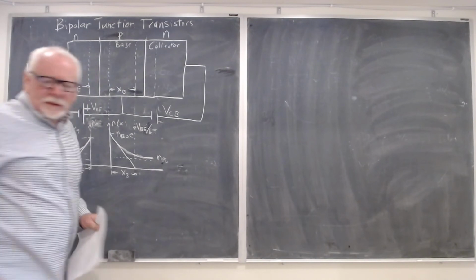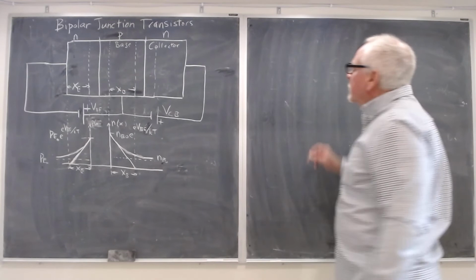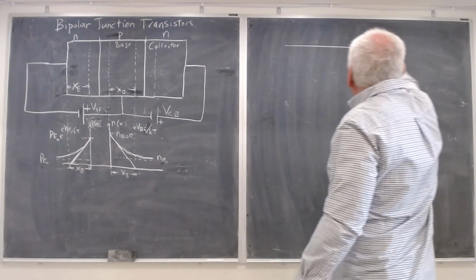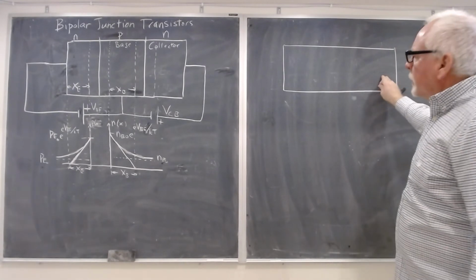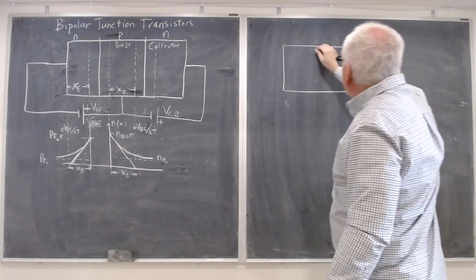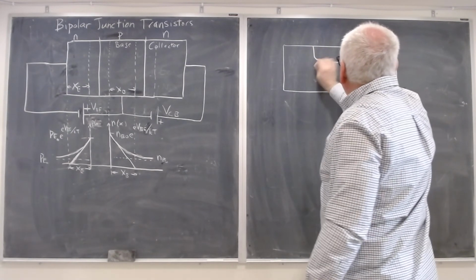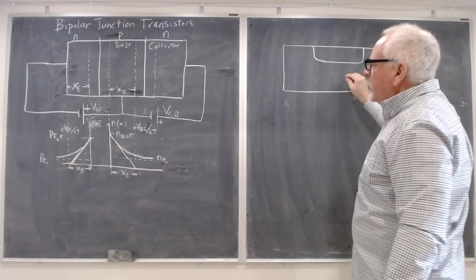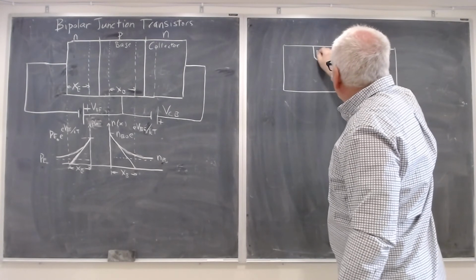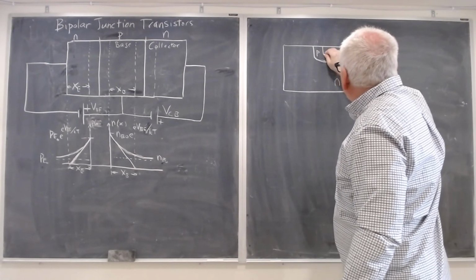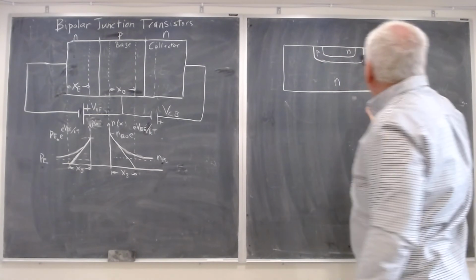Here I'm going to do a little bit of an aside, because it's important to understand how you actually make this thing. So over here I'm just going to draw what this thing really looks like if you make it. If you take a semiconductor wafer, you would fabricate it: you would take an N-type wafer, you would put in P, and then you would put in N, like that.